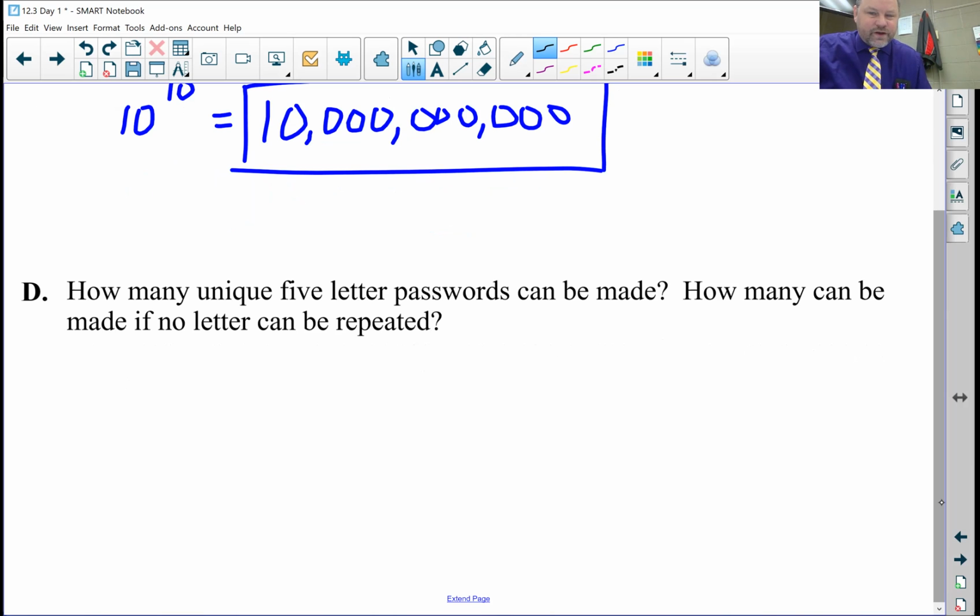And then for the second one, how many can be made if no letter can be repeated? Excellent.